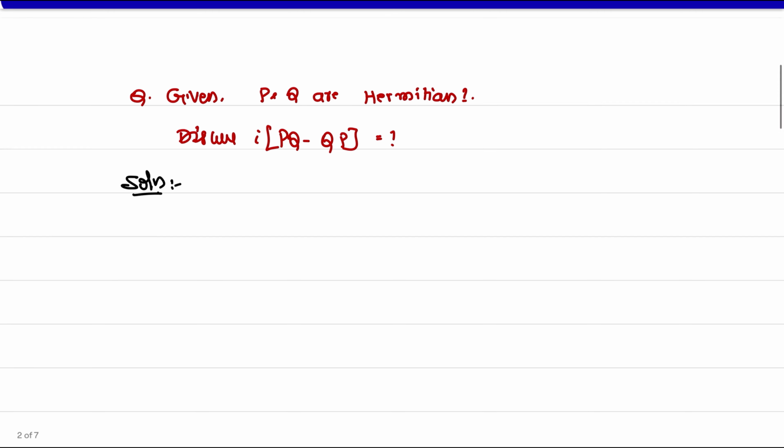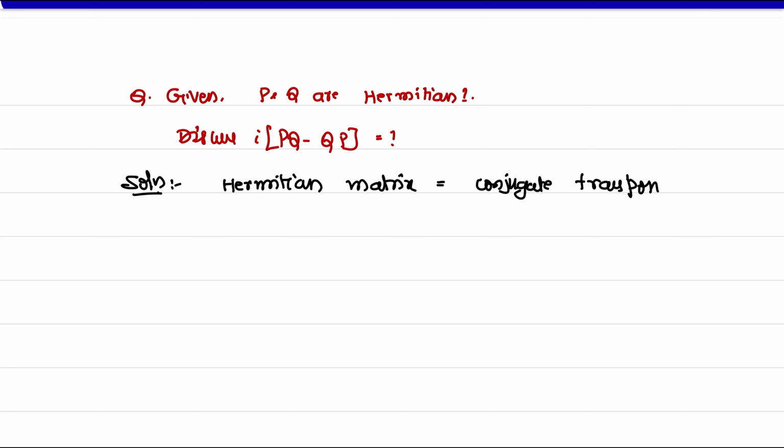What is a Hermitian matrix? A Hermitian matrix is the conjugate transpose of a given matrix being equal to itself.